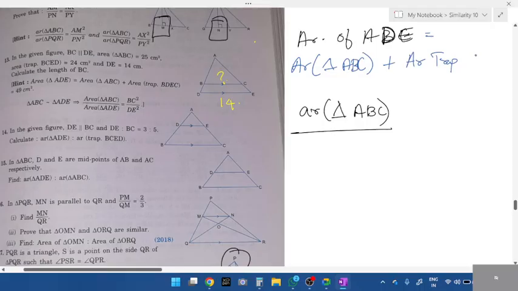Whatever they've given, just add the trapezium BCED. That is equal to 24 plus 25, that is equal to 49.